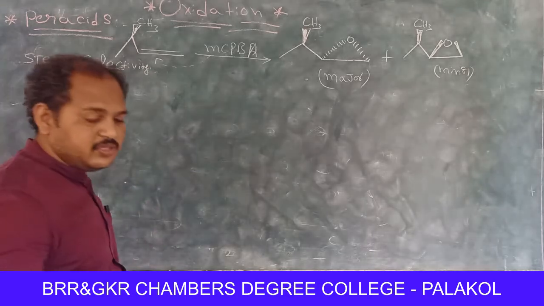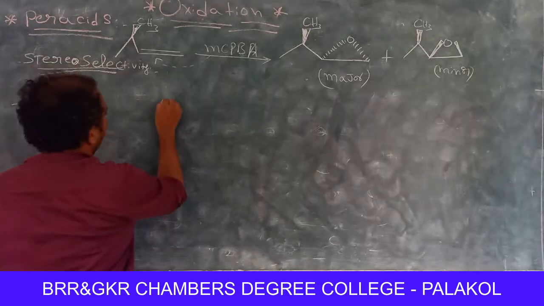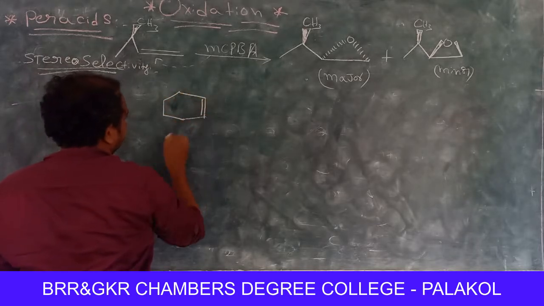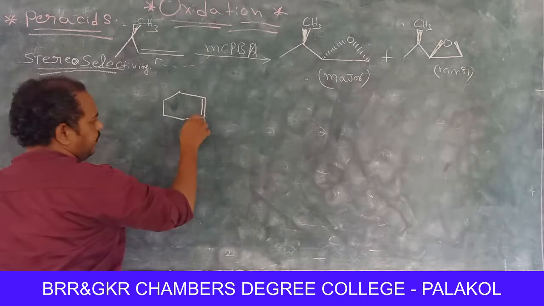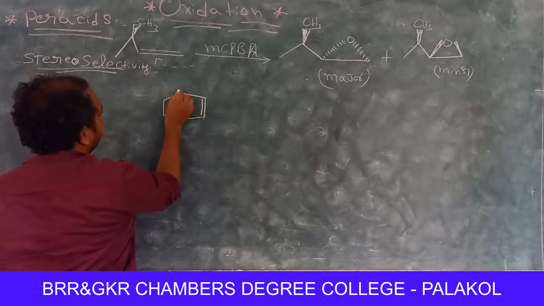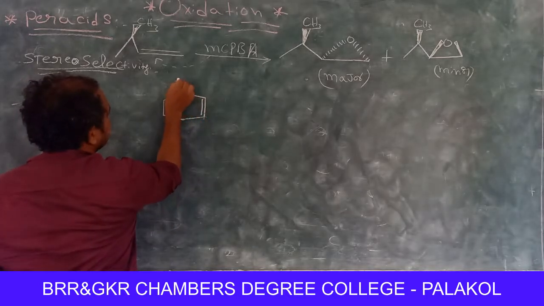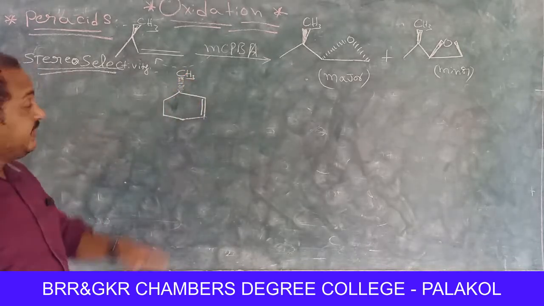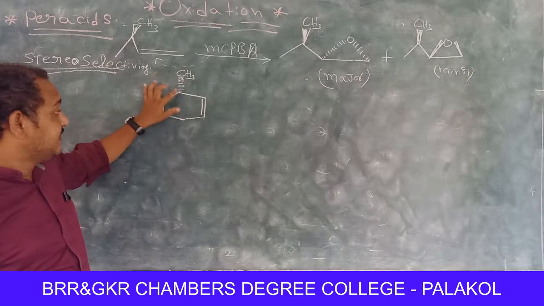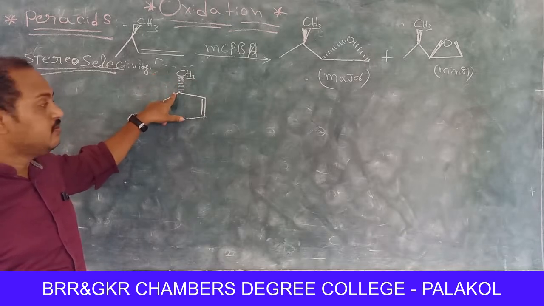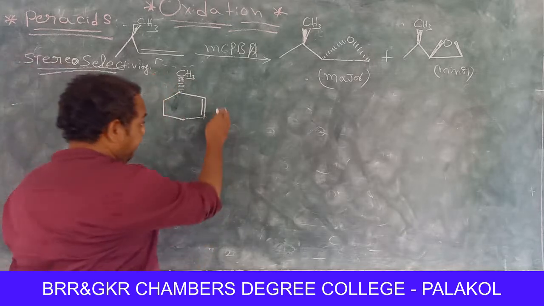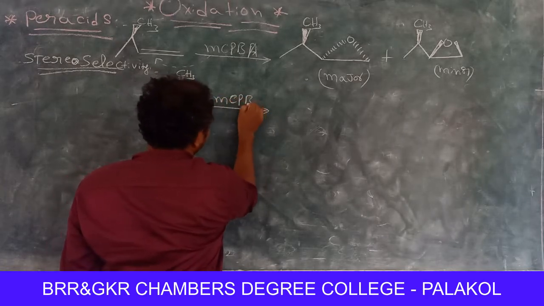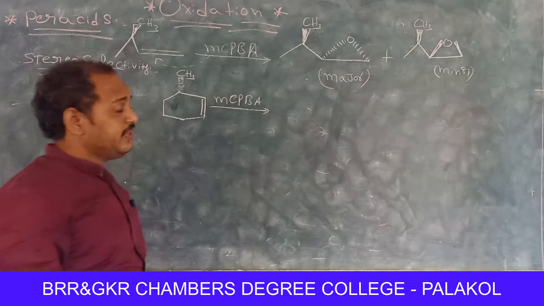In the same manner, suppose you take one more example. Here I have taken an olefin, and near the double bond there is a methyl group, but in this case the methyl group is present below the plane, right? So whenever we use mCPBA, what is happening?